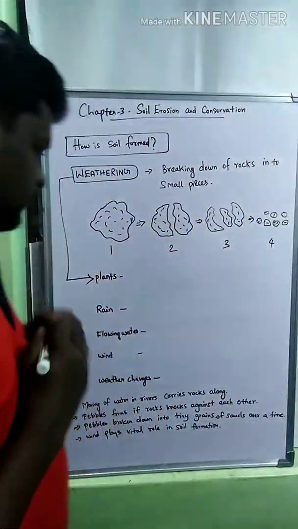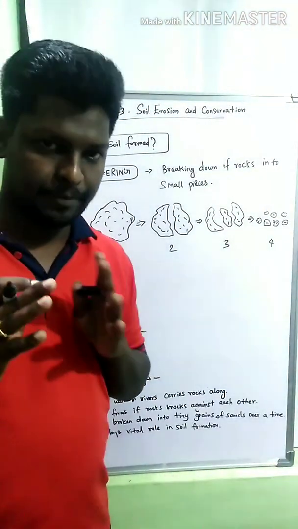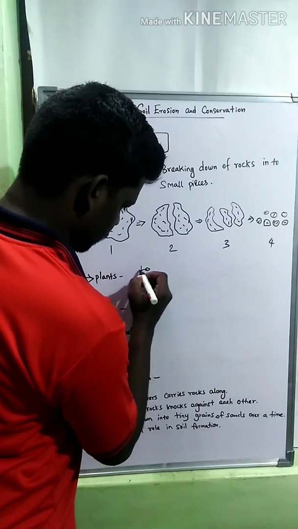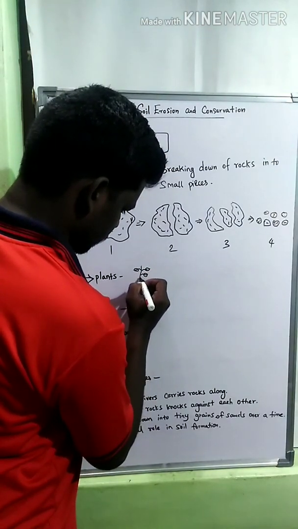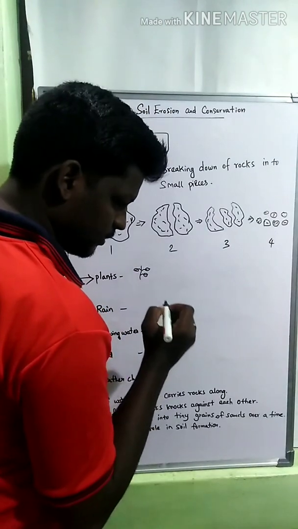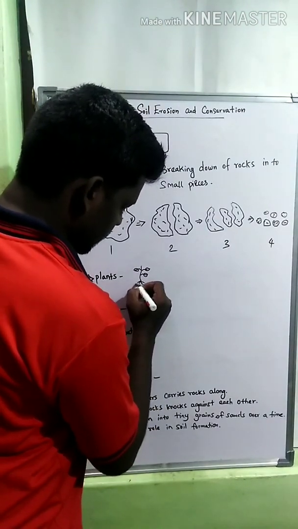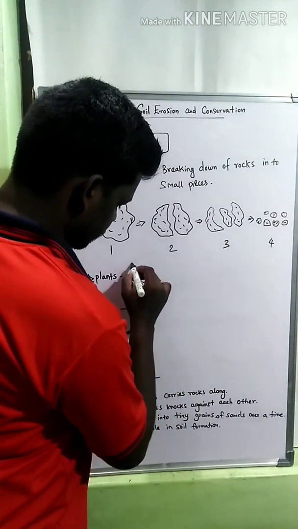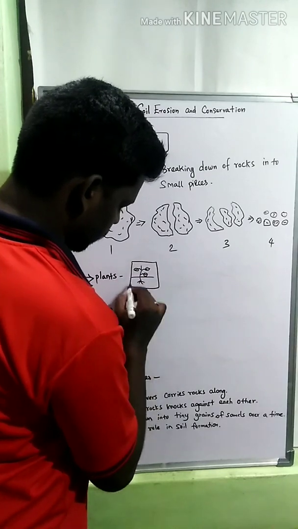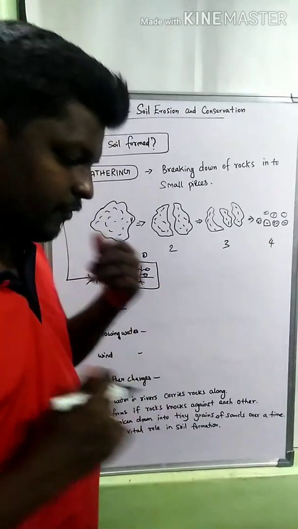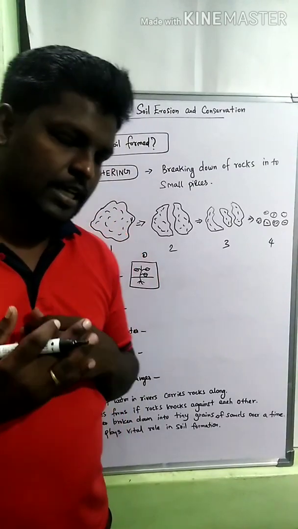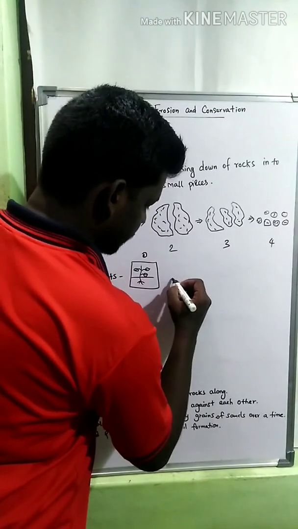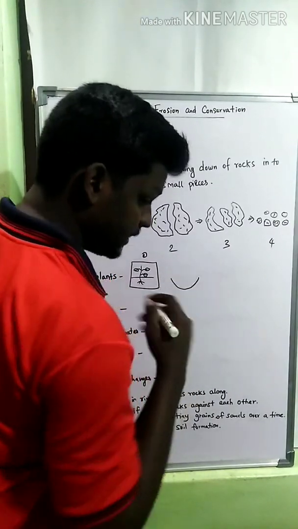Here, if a plant is grown in a place, the roots which it has will be below the earth's surface, right? This is the place where the plant grows. After a few days, due to the weather and temperature changes, the place where the plant grew has been separated.